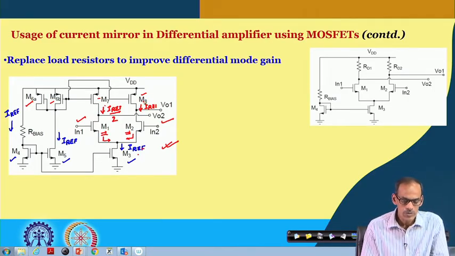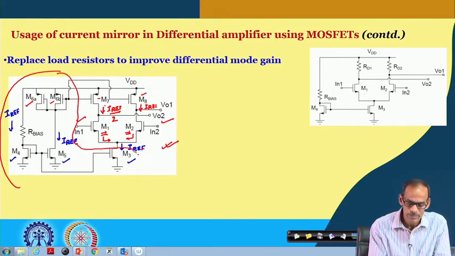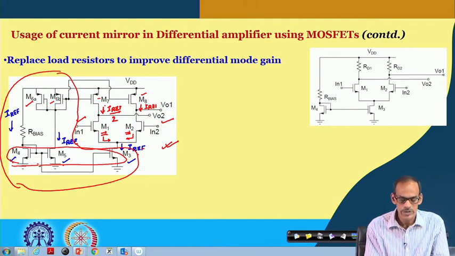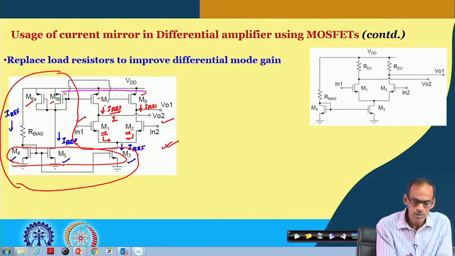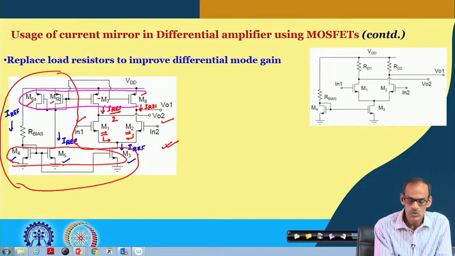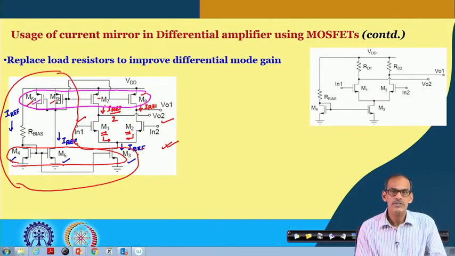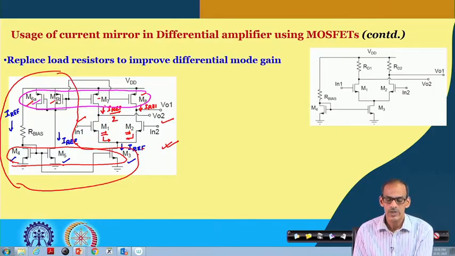In addition, whatever bias circuit or bias arrangement we have, here also we want these 3 transistors to be identical, and likewise not only these 2 PMOS transistors, but also the 2 bias transistors, namely M6A and M6B, should be identical. For integrated circuits, that is not very difficult to achieve, and that is frequently used.